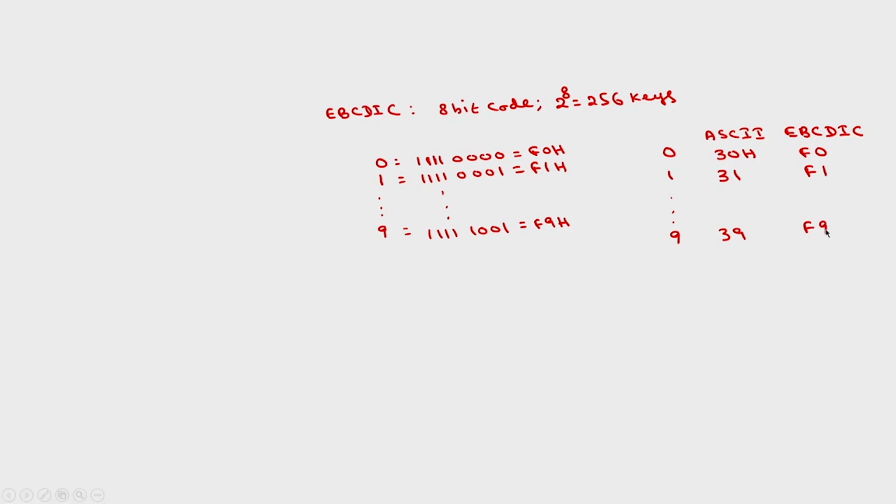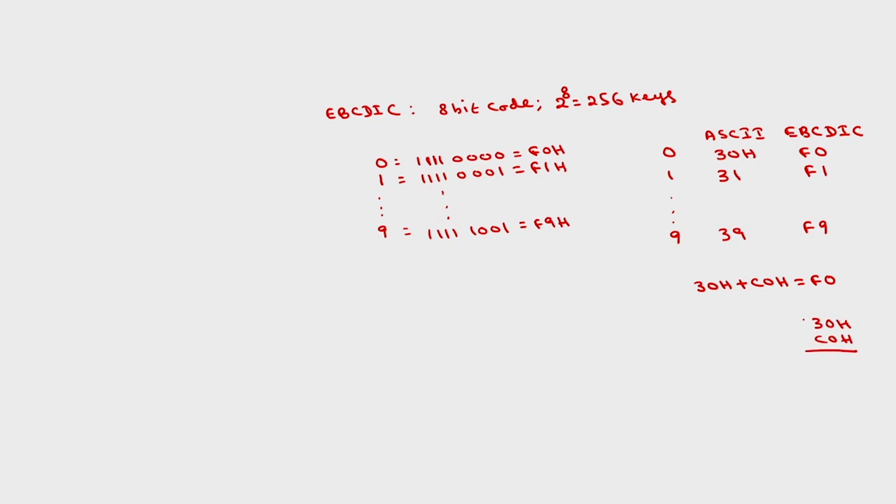So what is the relation to get the EBCDIC code from the ASCII code? How much do you have to add? This is 3 and this is F, so you have to add 12. So 30H plus C0H will be F0. This is 30H plus C0H.